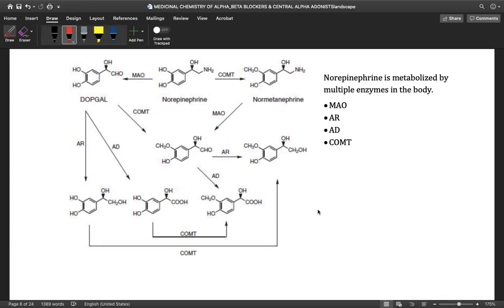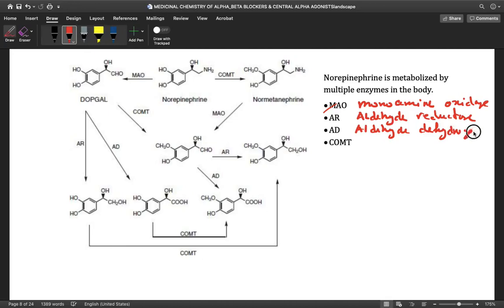The enzymes that are involved in the metabolism or the breakdown of norepinephrine in the body are monoamine oxidase, aldehyde reductase, aldehyde dehydrogenase, and catechol O-methyltransferase.